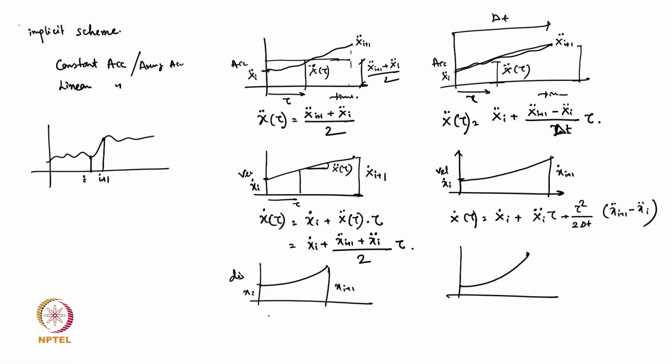Then suppose if I write the displacement, so x of tau will be equal to xi plus... means you can purely do the integration on that and it will give the solution. Okay, just remember that you have to add the initial condition and then do the integration. Okay, do you want me to do that?